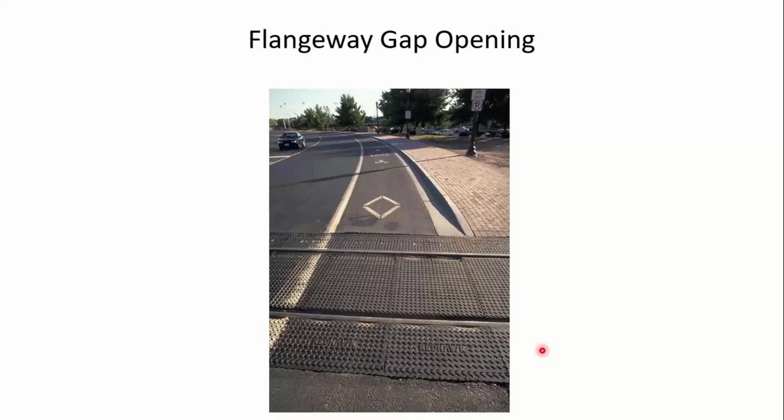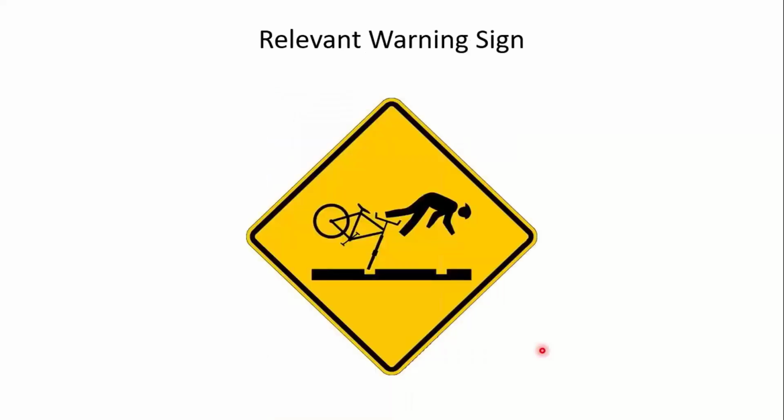So where your walkways and your bike lanes, as you see here, cross the tracks, be aware of that flangeway gap opening. That's why it's important, if the bike can cross the tracks at right angles, that's what we should strive for. And I do see more and more of this being used, especially with light rail transit where there's street running in the street downtown.